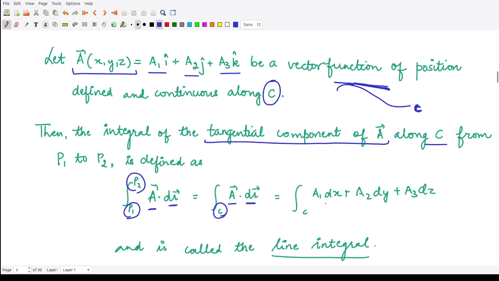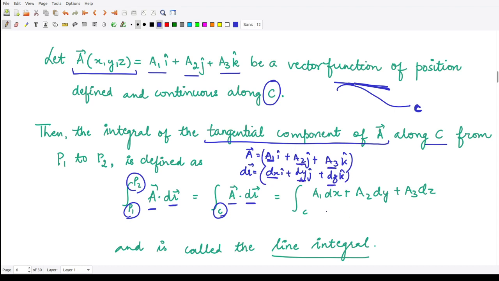Basically, after taking the dot product, your vector a, given as a1 i cap plus a2 j cap plus a3 k cap, and your vector dr, given as dx i cap plus dy j cap plus dz k cap, when you take the dot product you will obtain a1 dx plus a2 dy plus a3 dz.